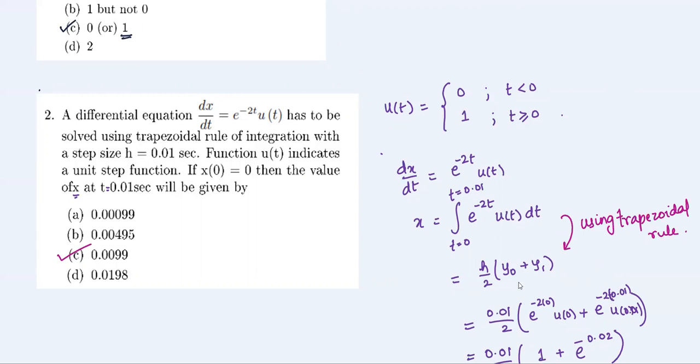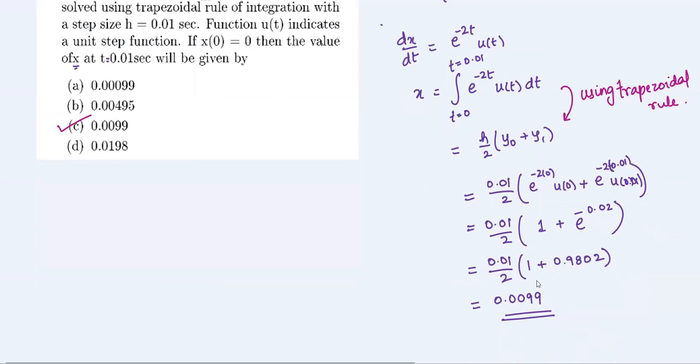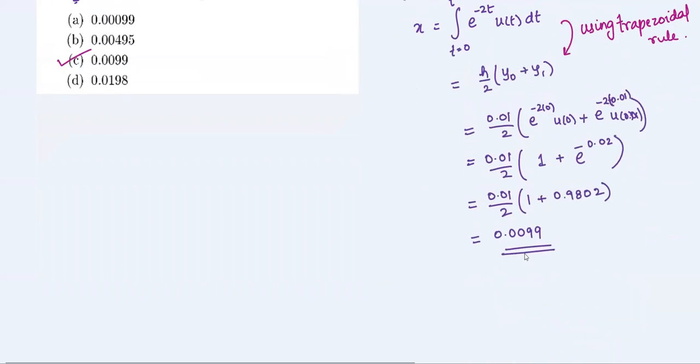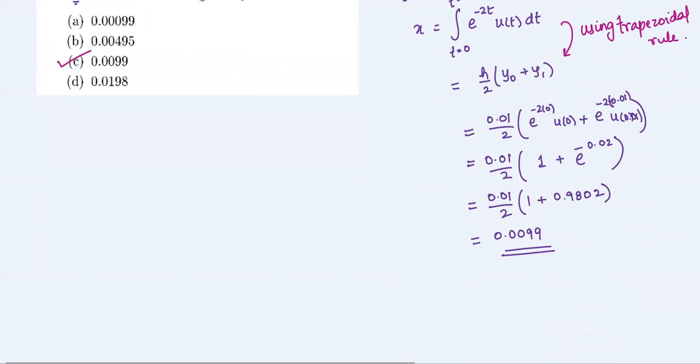That's what we did. So y0 is 0 and y1 is the value at 0.01. This is how we find that. Next question.